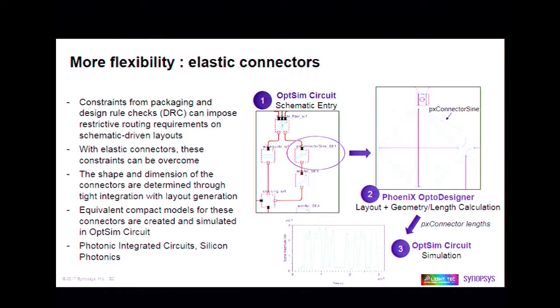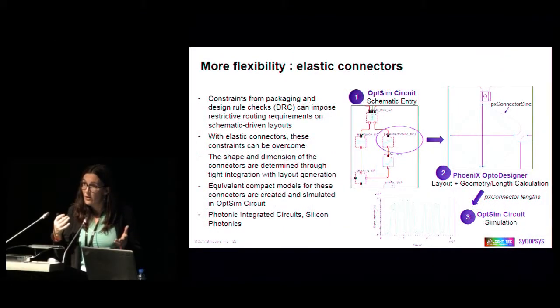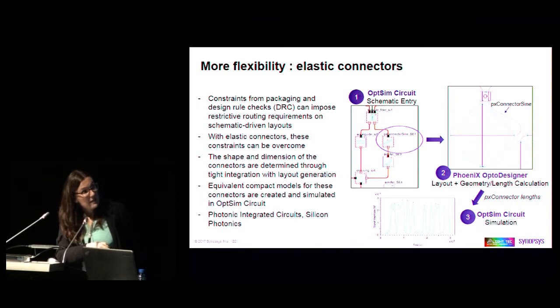For that, we have developed what we call an elastic connector. This connector will receive some information from the mask layout software in order to adapt its length related to the position on the mask. So you will use this elastic connector at the schematic level.